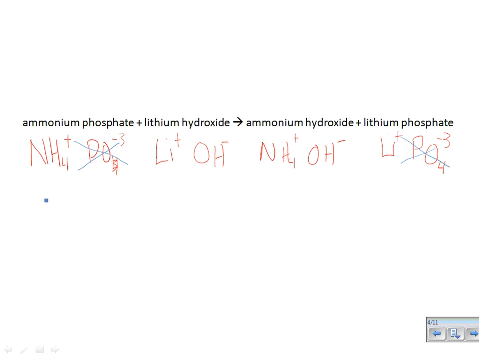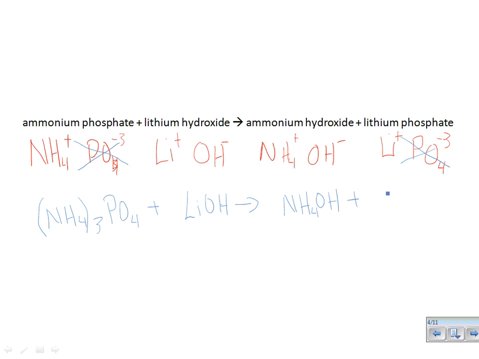So this will combine. We have to put NH4 in parentheses, the 3 outside the parentheses, and it will combine with 1 phosphate ion. Lithium and hydroxide combine in a 1-to-1 ratio, as does ammonium and hydroxide.